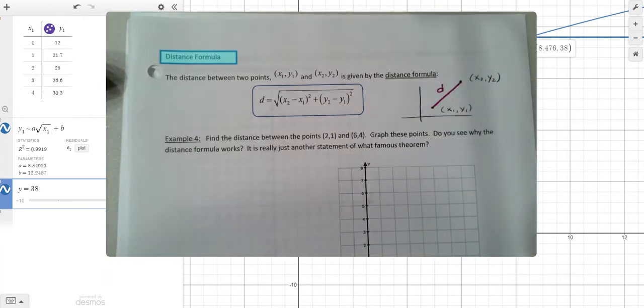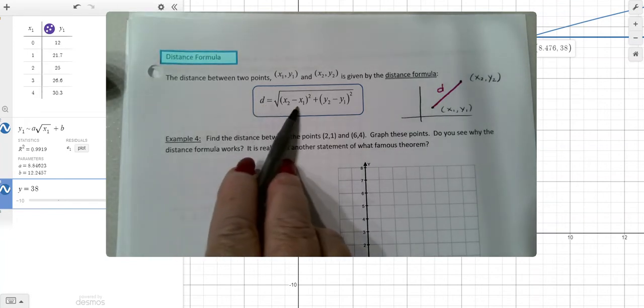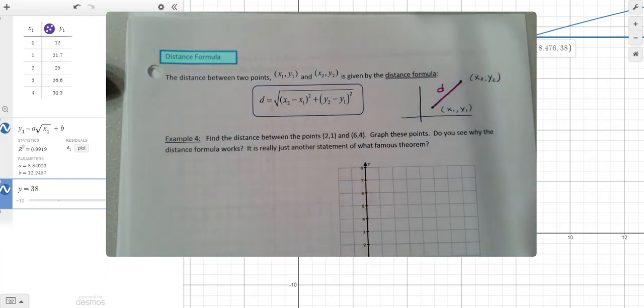The value of d, that distance, is given by this formula. The square root of x2 minus x1 squared plus y2 minus y1 squared.